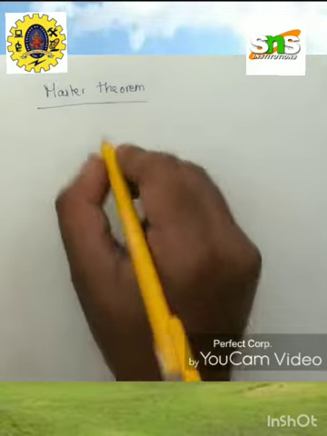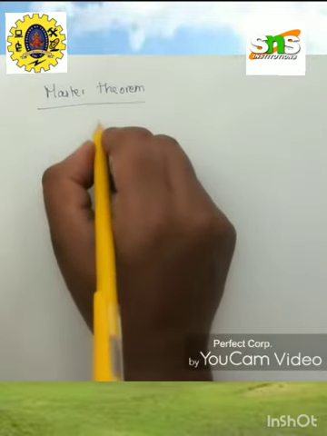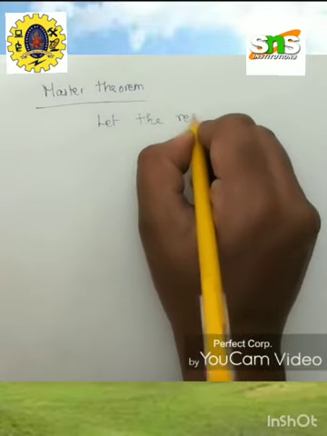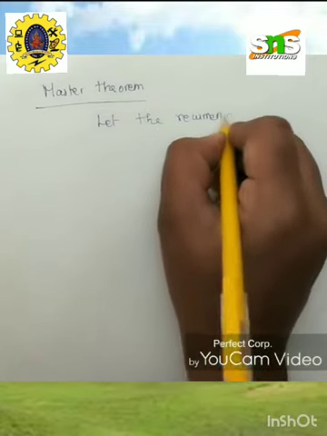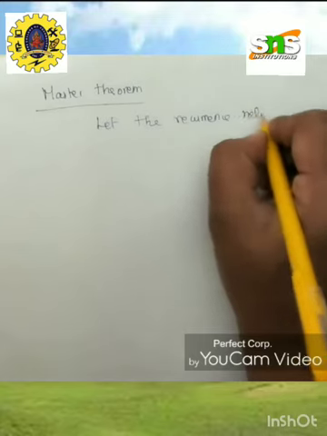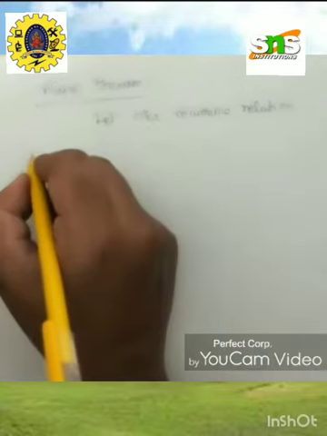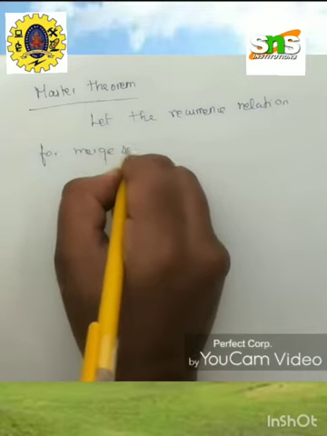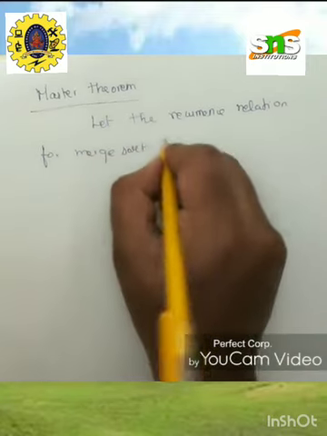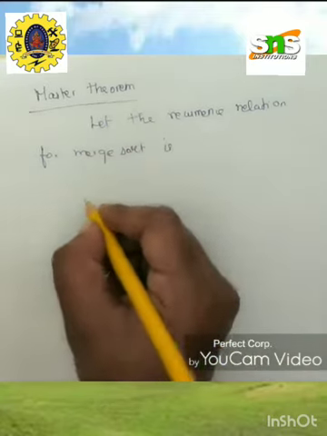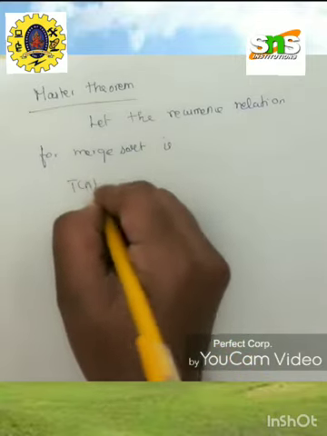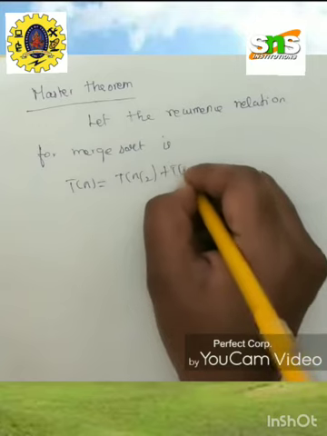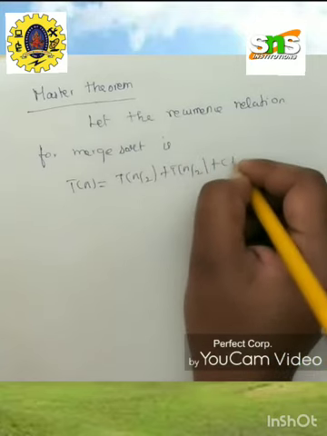So let the recurrence relation for merge sort be T of n equal to T of n by 2 plus T of n by 2 plus Cn.